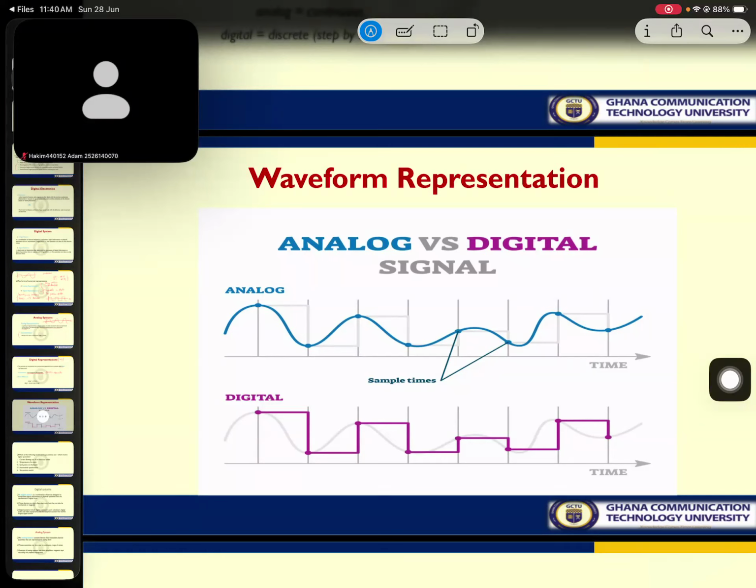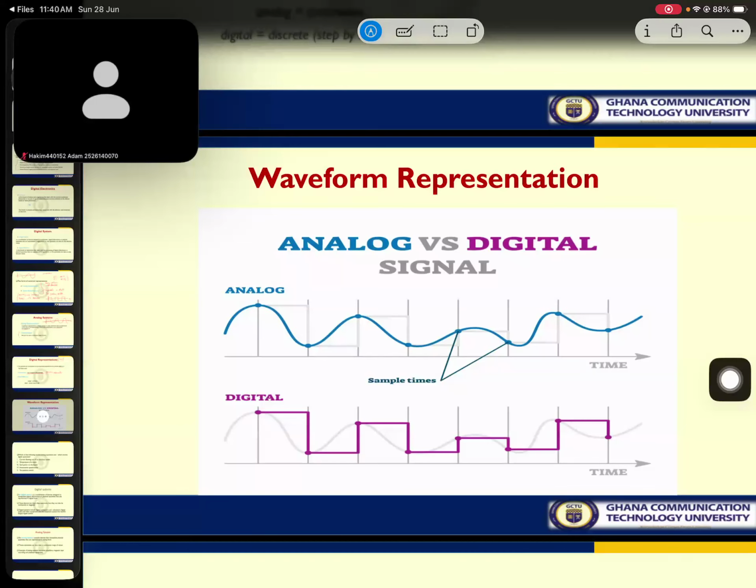The analog signal moves continuously with respect to time.